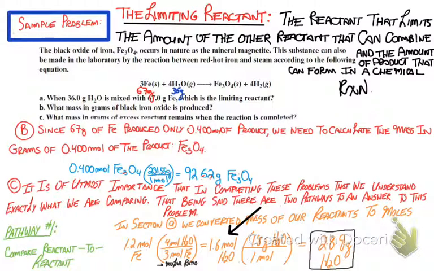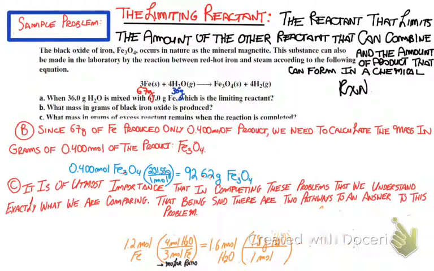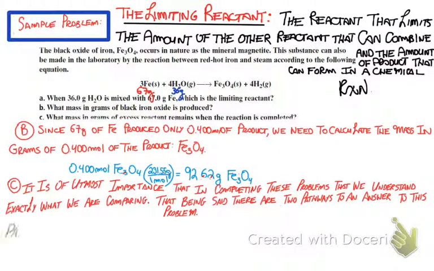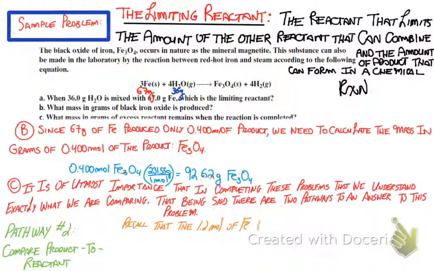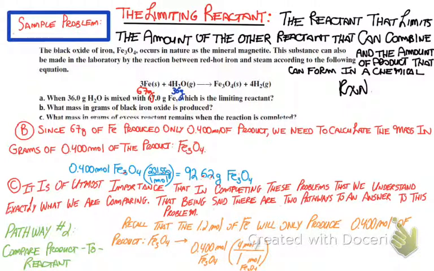Pathway number 2 is just as viable, where we can compare moles of reactant to moles of product, or go backwards and compare product to reactant. So we know that 1.2 moles of the iron will only produce 0.4 moles of the product. That's what we got in A again. Iron is the limiting reactant.